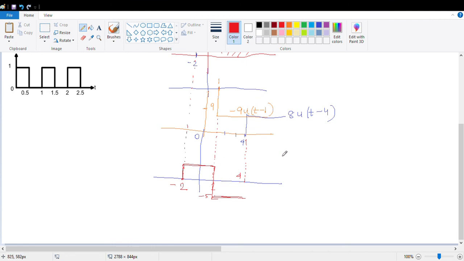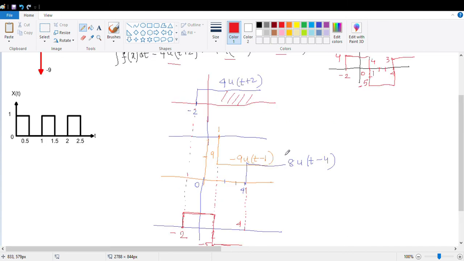Now what is going to happen? Not only 2, there are 3 signals. What are the 3 signals? One signal is 4 at this 4. Just consider at 4 you are getting plus 4 over here, minus 9 here, and plus 8 here. So what is the total?